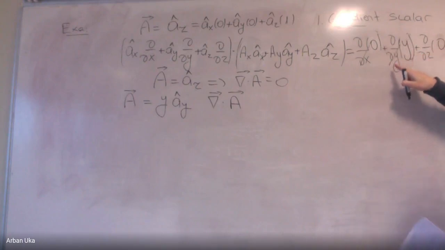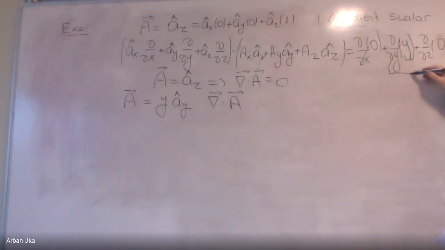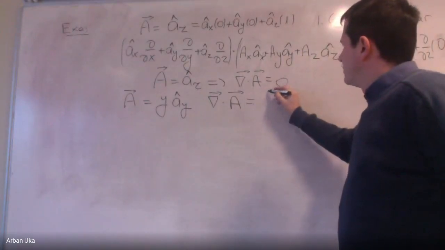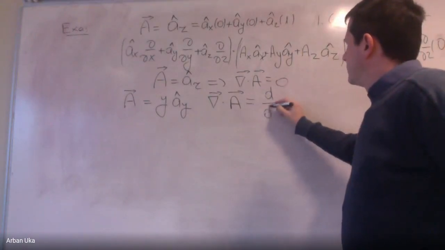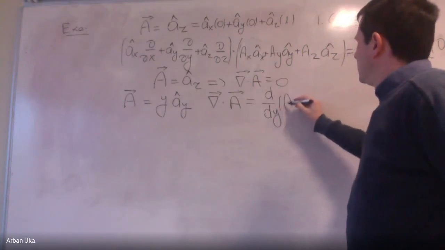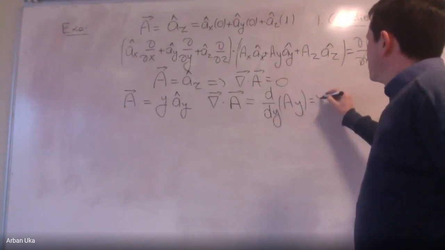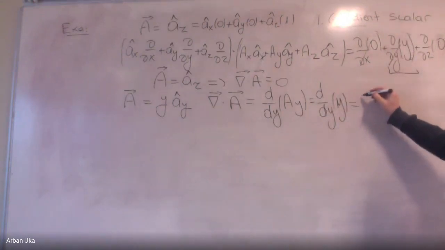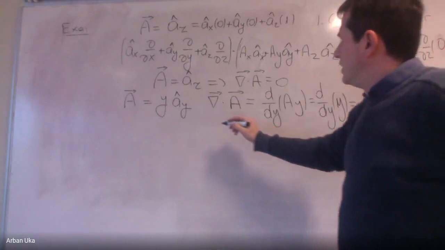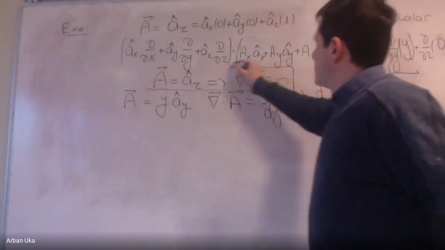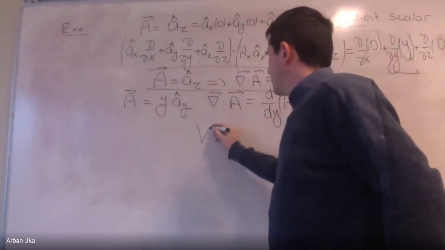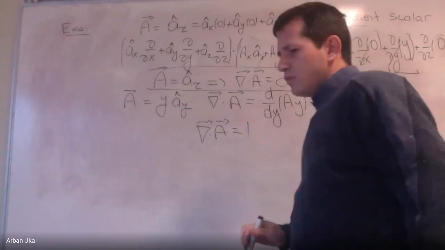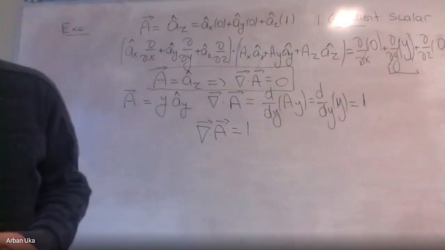So the only surviving term here is going to be the derivative of y with respect to y. So this is going to be equal to d over dy of the AY, which is d over dy of y, equal to 1. That's correct. So this was the previous one, and then here we get 1. Okay, so this is the divergence.